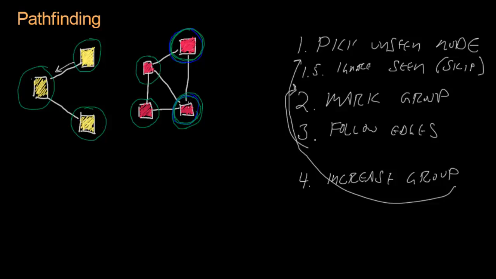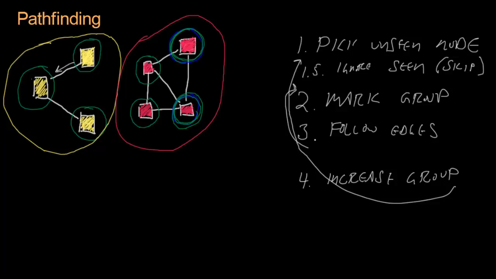And so there are no blue or green nodes that haven't had a group assigned yet. So we're done with our algorithm. We have established two islands of connectivity. Here's one, and here's the other.